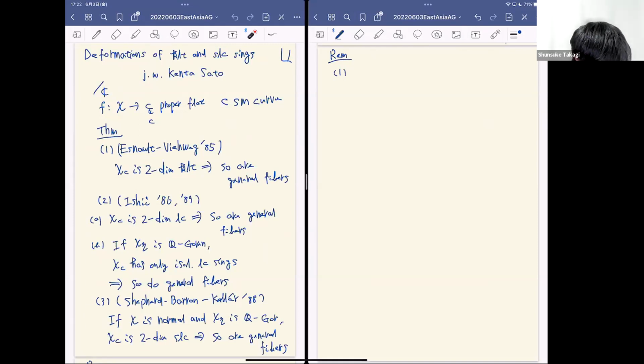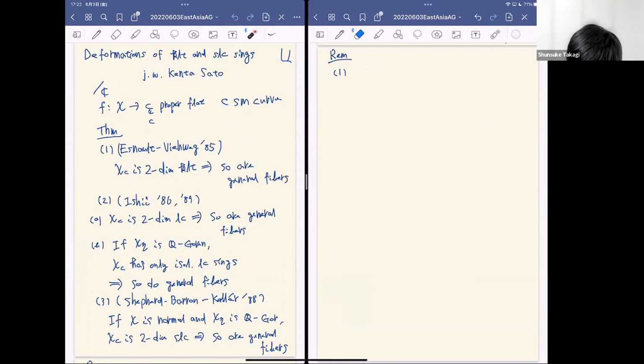So the first remark is that you may expect that even in higher dimension, if the special fiber is KLT, then the general fiber is also KLT. But this is not true. In higher dimension we cannot expect such a thing.